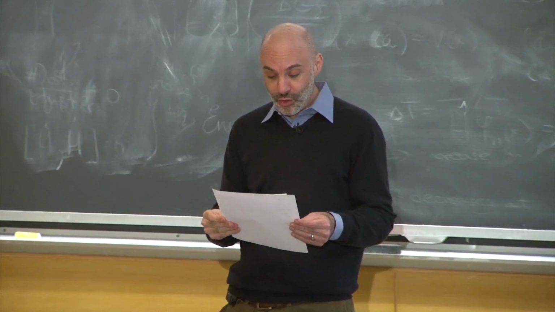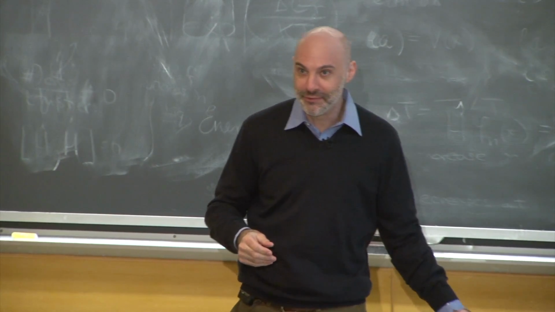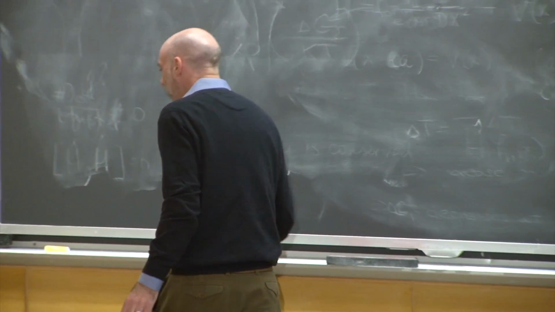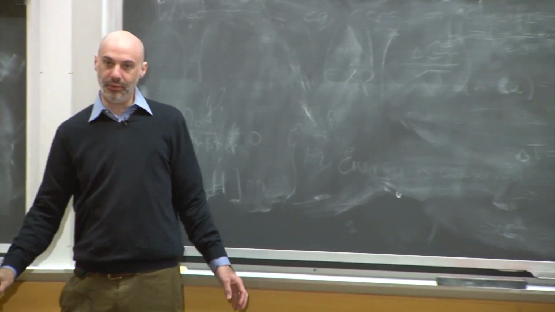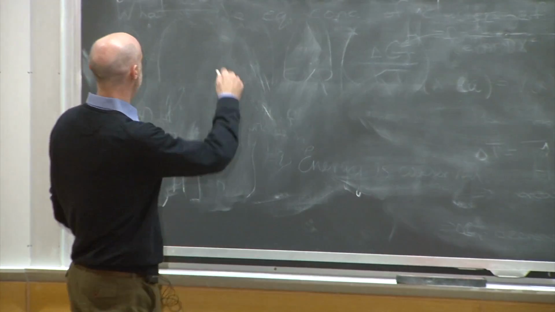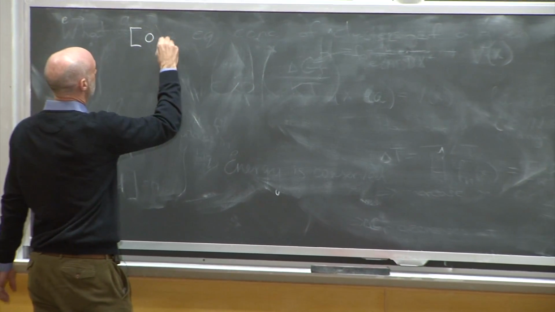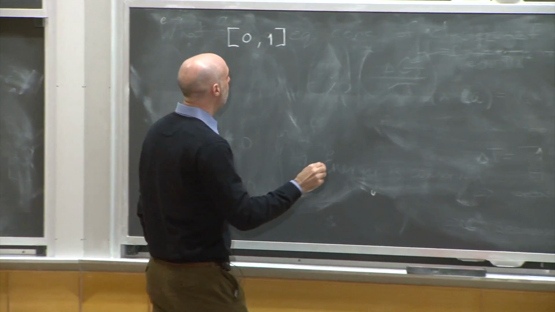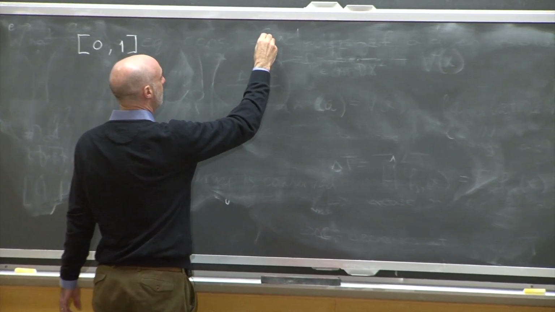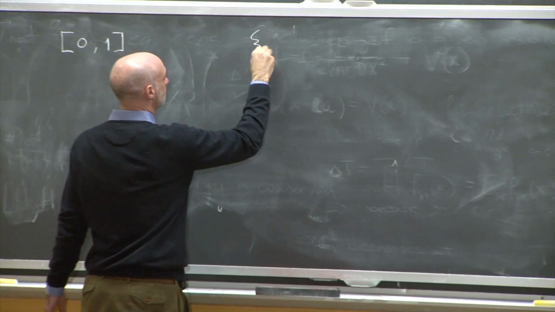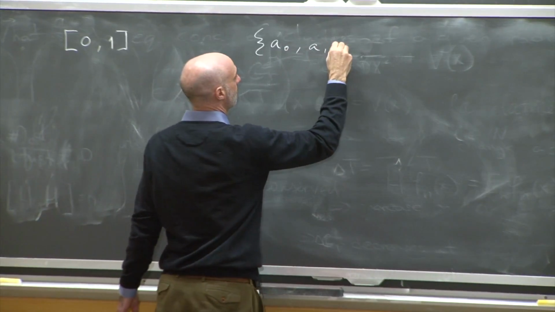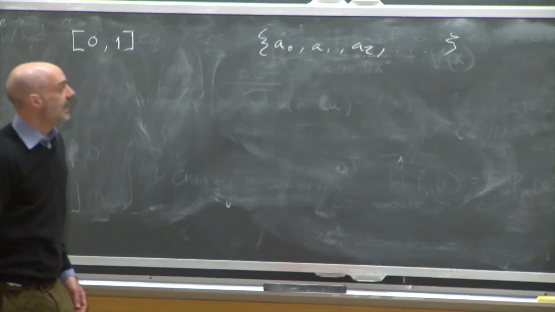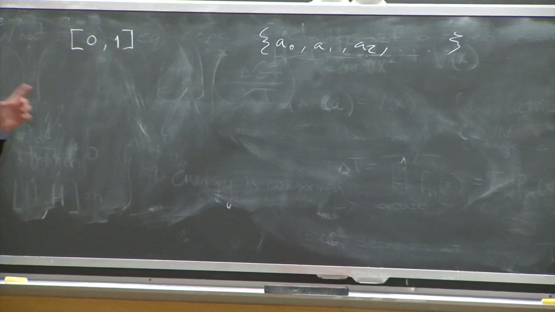OK. So with that in mind, let's start proving some results about infinity. One thing I thought it would be useful to prove is this. Suppose you have the interval 0, 1, and you have a set which has one thing for each natural number.